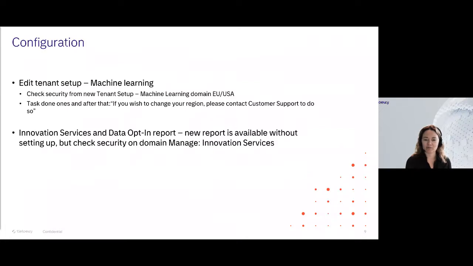In my experience, I went to the TMS tenant and the USA is there as a default, and I was able to change it to EU. So that is one thing you need to do if you wish to choose another region. And the new streamlined report is available without any setup, but if you don't see it, you can check the Managed Innovation Service domain security for that.